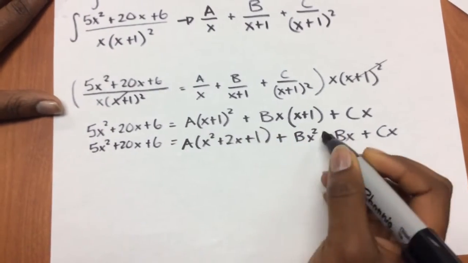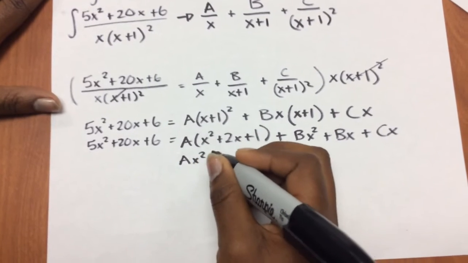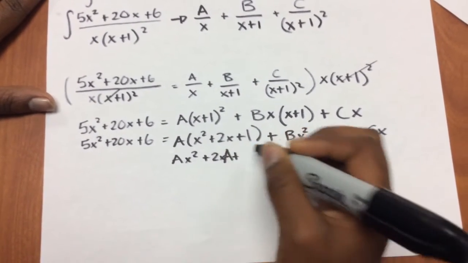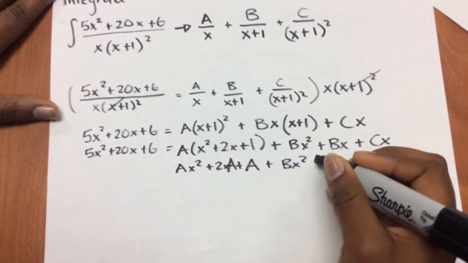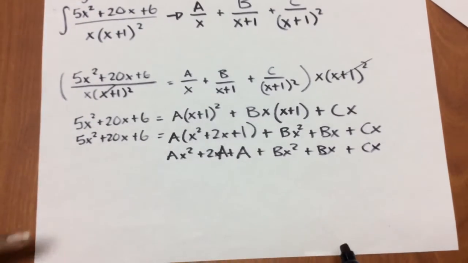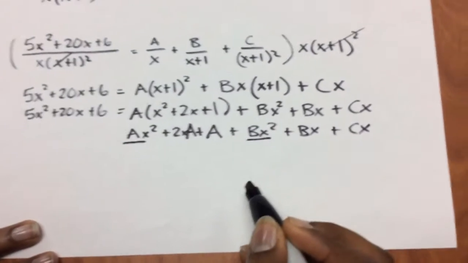Then I'm going to multiply these in. I'm going to distribute once again for the A. So we'll have Ax squared plus 2xA plus A plus Bx squared plus Bx plus Cx. Okay, so if you can see here, these both have an x squared.